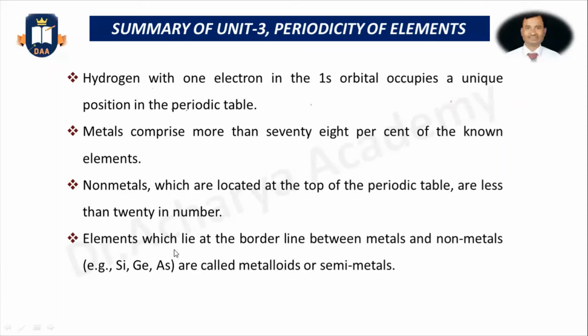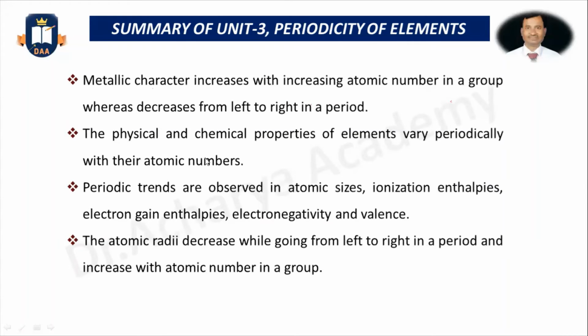Elements which lie at the borderline between the metals and non-metals, for example silicon, germanium, arsenic, are called metalloids or semi-metals. Metallic character increases with increasing atomic number in a group, whereas it decreases from left to right in a period.